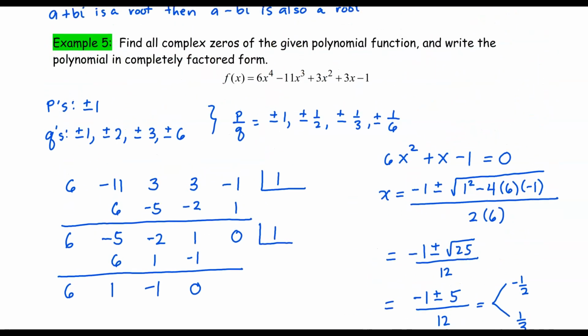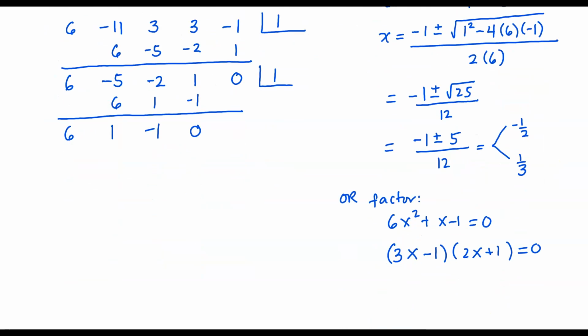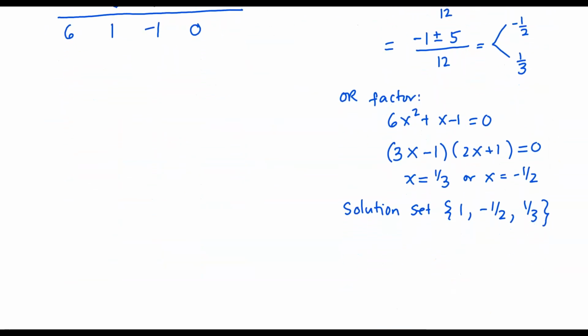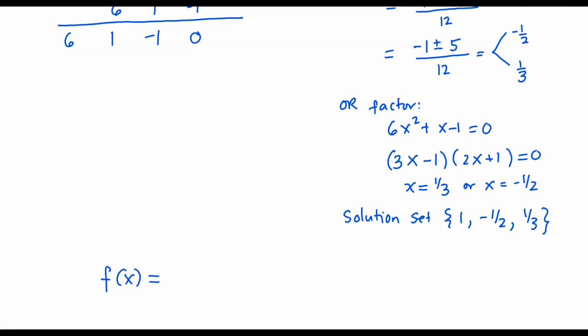Now it's asking here to write the polynomial in its completely factored form. So what is your f of x then? f of x is equal to, these are all our roots, so you have x minus 1, that's multiplicity 2.